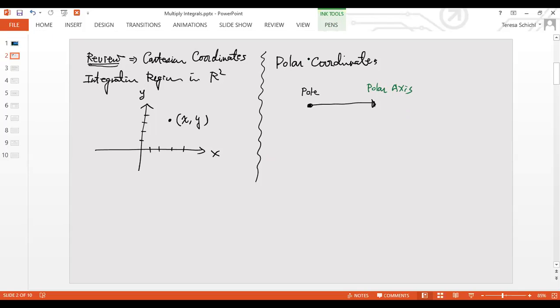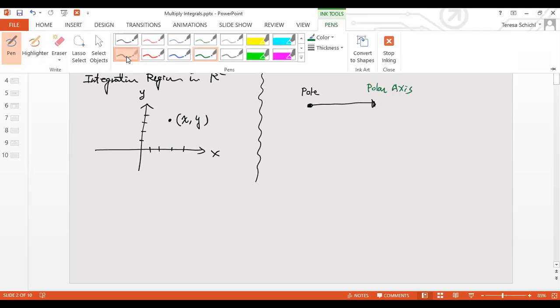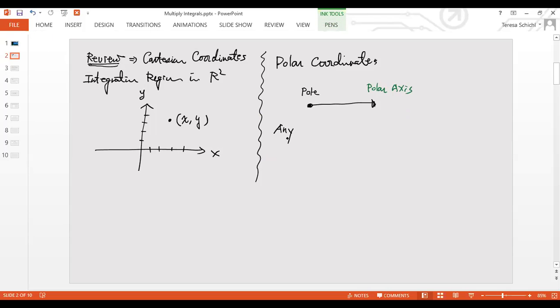And then any point in the polar coordinates, how do we write it? We write it as r and angle theta here.